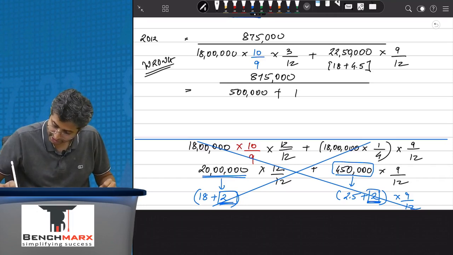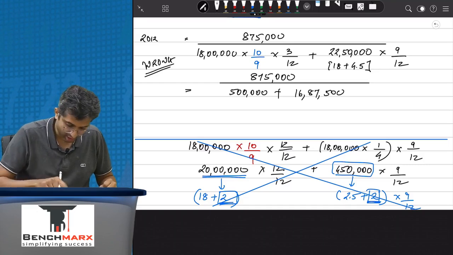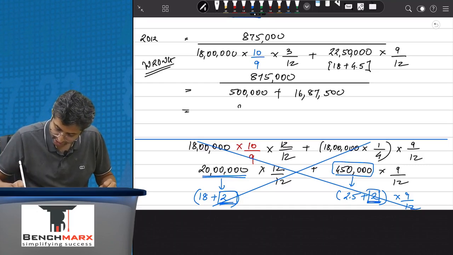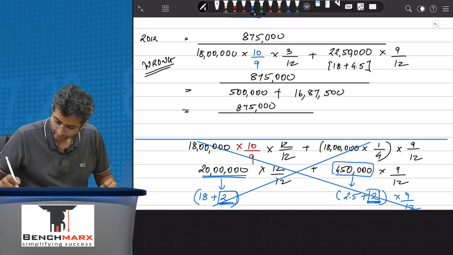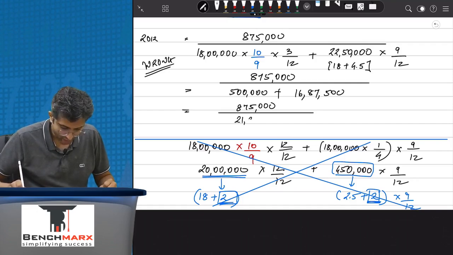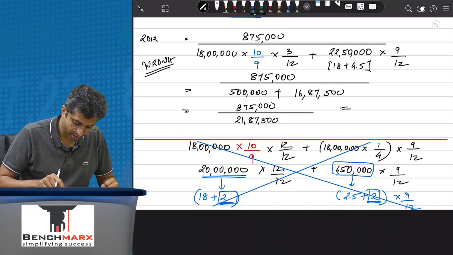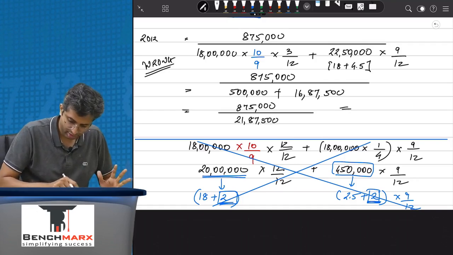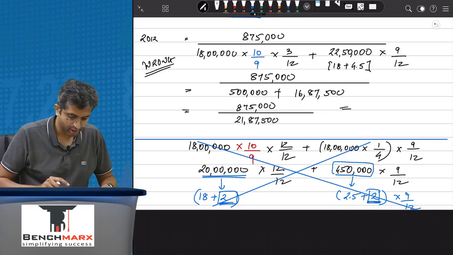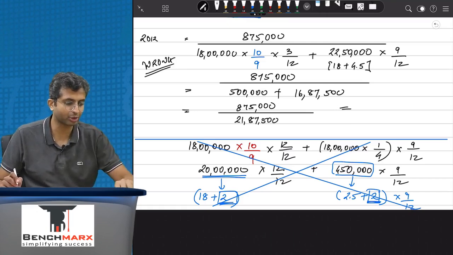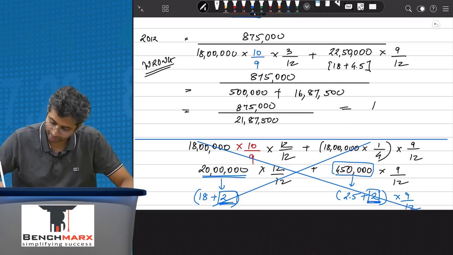So over here this is 16,87,500, and hence if you total this, this is 8,75,000 upon 21 lakh 87,500, which is, let us say 0.4. Yes, now we have a little confidence. When we see a round number, it seems to be a little more comforting.